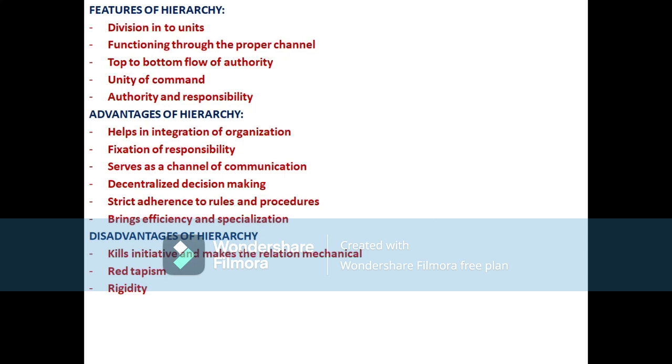So in order to facilitate the smooth functioning of the organization, to get effective production, and to see the overall organizational performance, unity of command should be maintained. So this is another feature in hierarchy. One subordinate should receive orders from one superior only, not more than one superior. So this is unity of command.